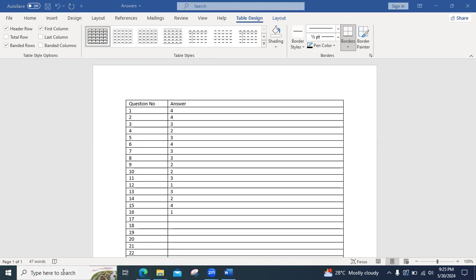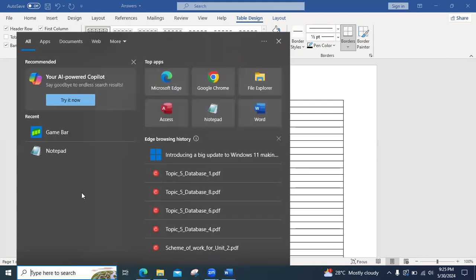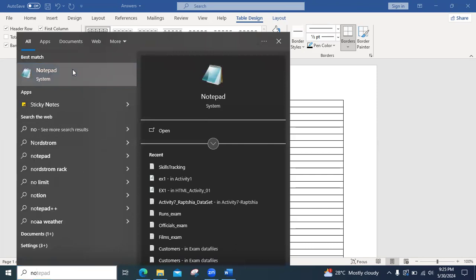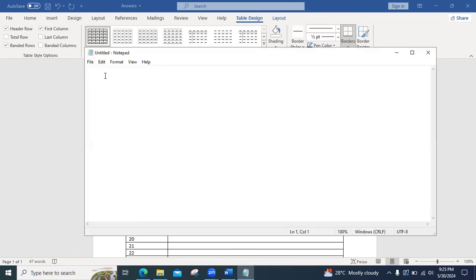Again, I'll give you a small idea here. You must remember: first generation is vacuum tubes.